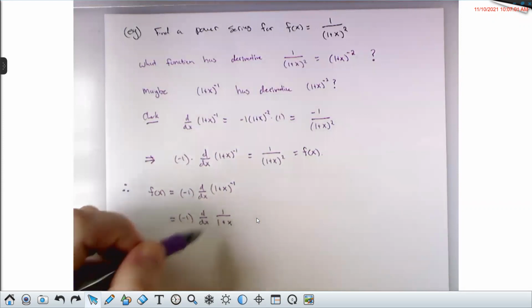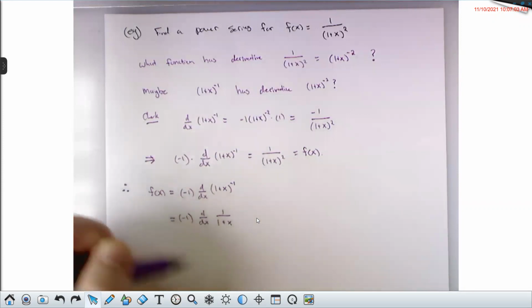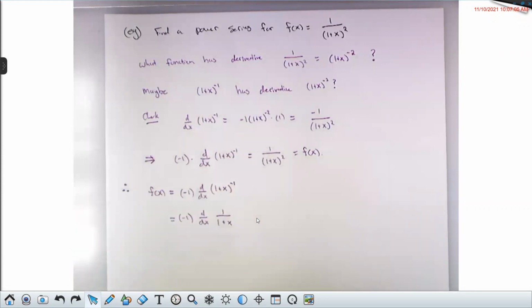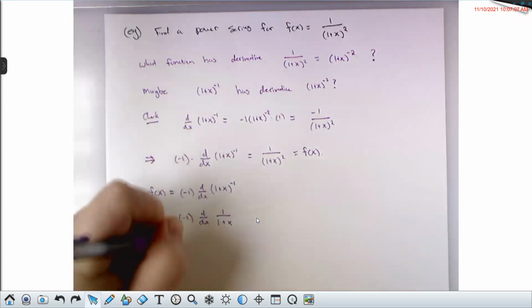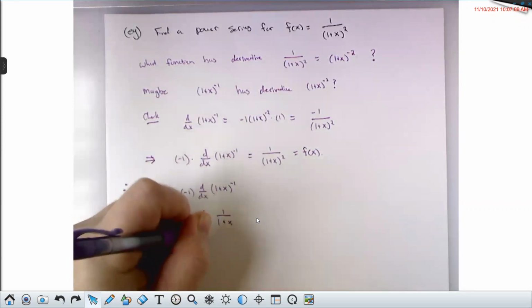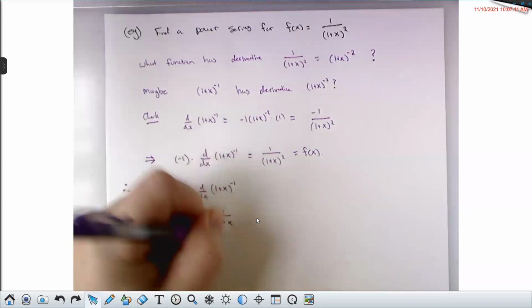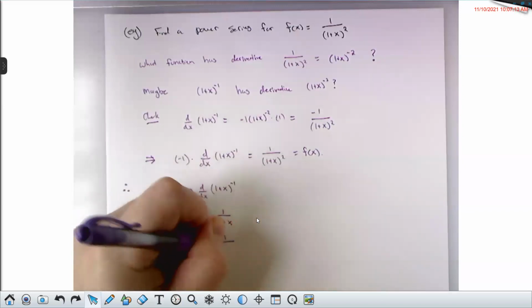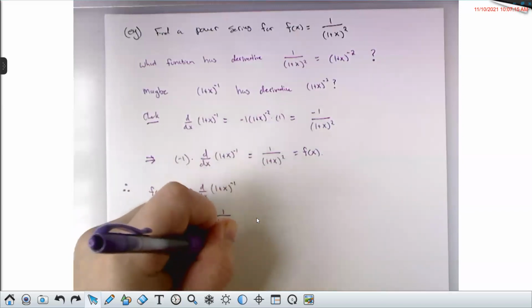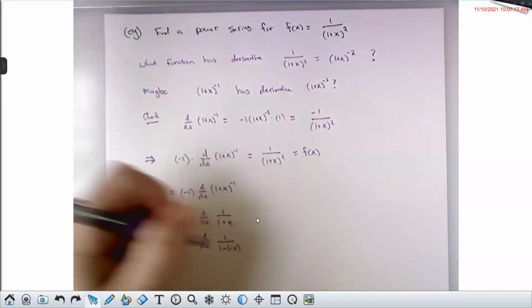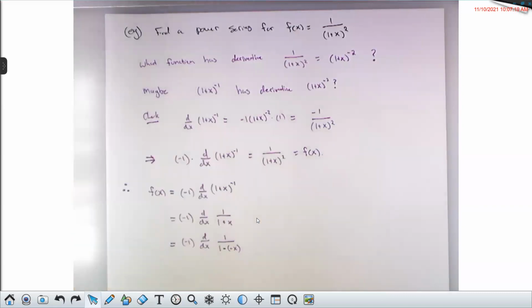Then I will differentiate that series. Then I will multiply by -1. I'll do this all very carefully. So that is -1 d/dx of 1 over 1 minus (-x). Now I've got 1 over 1 minus something. That's the form to which I can apply my geometric series trick.